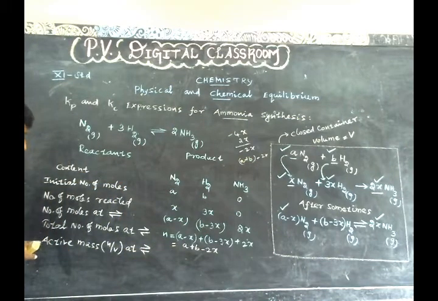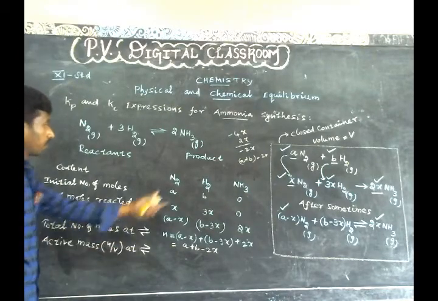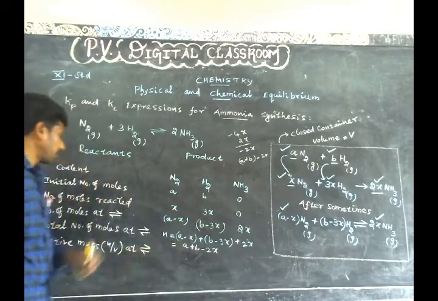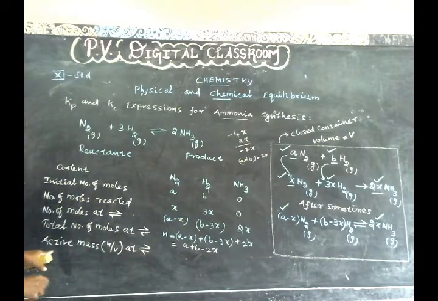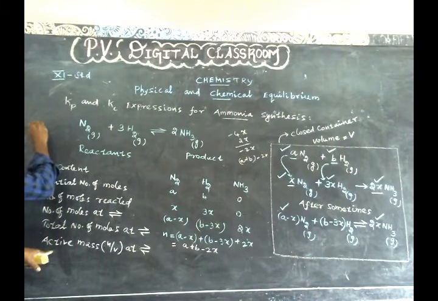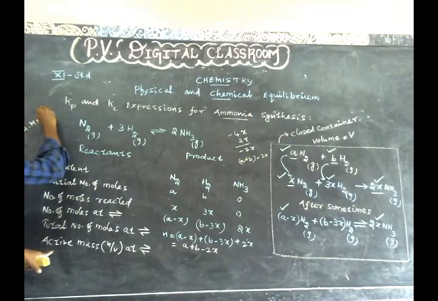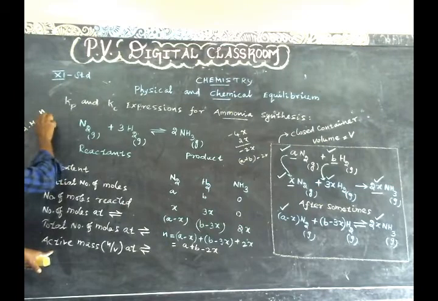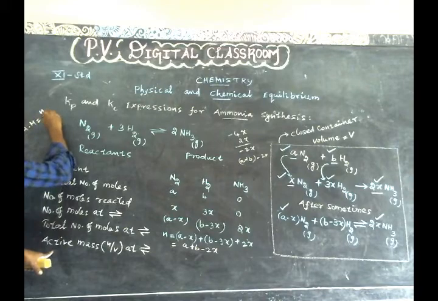Then, active mass of various substances at equilibrium. We know that the active mass of a given substance at equilibrium is equal to the number of moles of the given substance divided by the volume of the container.